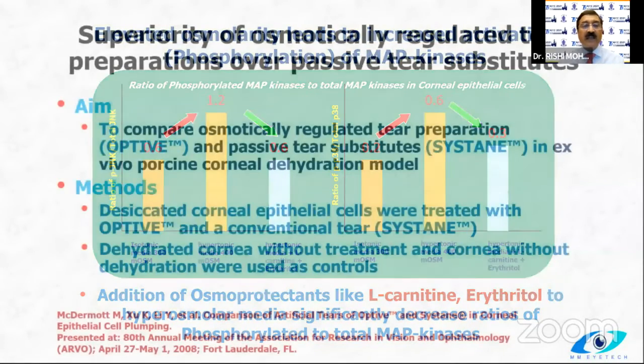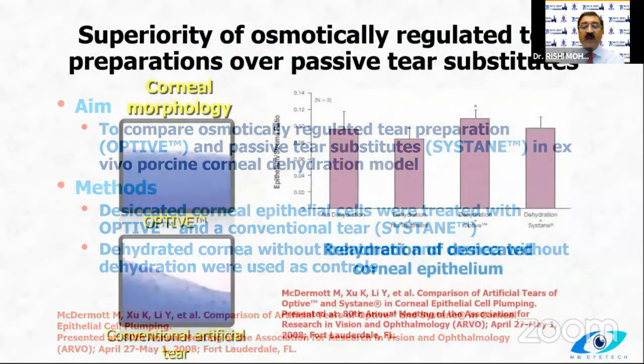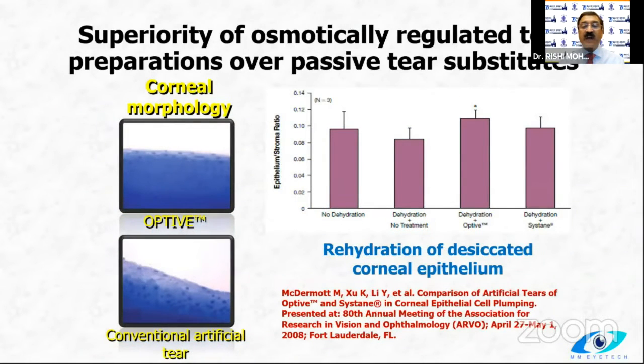Similarly, clinically, there is a superiority of osmotically regulated tear preparations over passive tear substitutes. And if we look at desiccated corneal epithelium, we find that the rehydration of the epithelium occurs very nicely in the cells which have been exposed to an osmotically regulated tear preparation.